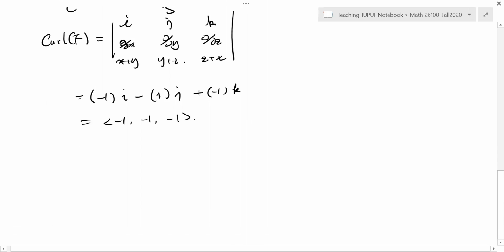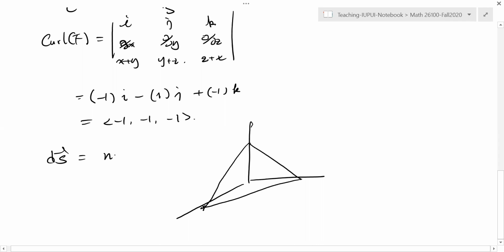Right, so now you look at the surface. The surface is a triangle. To find the dS, this should be the normal vector times dS.